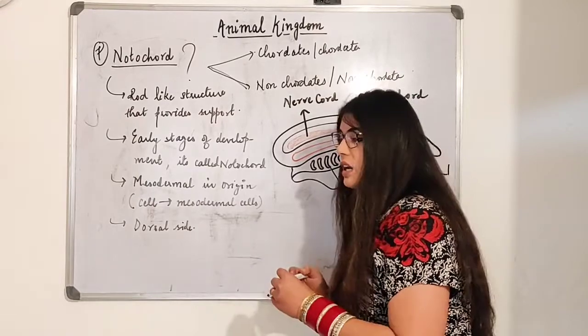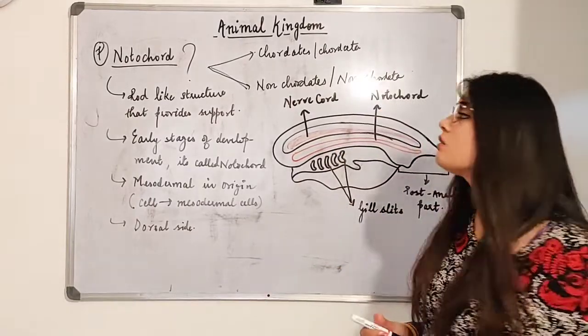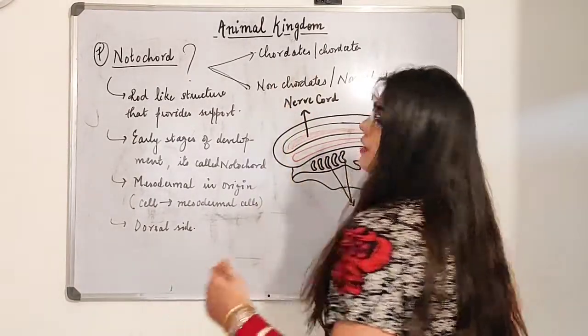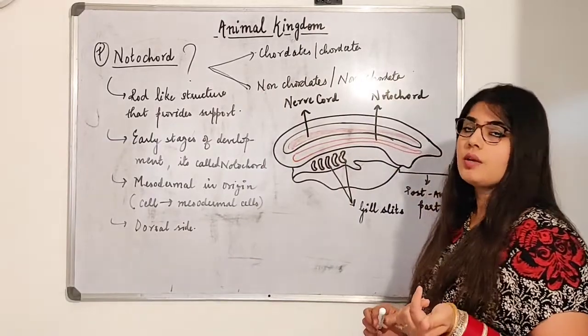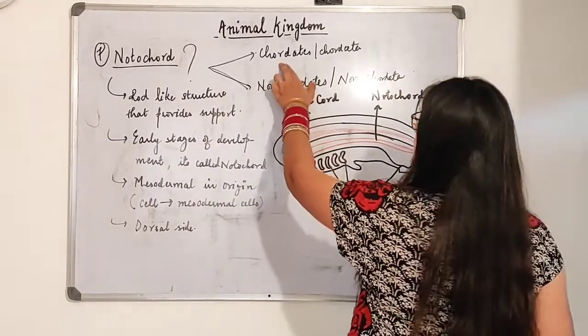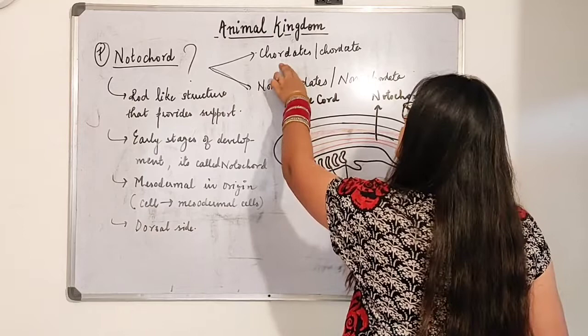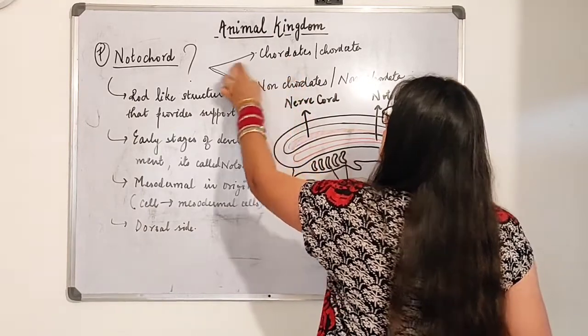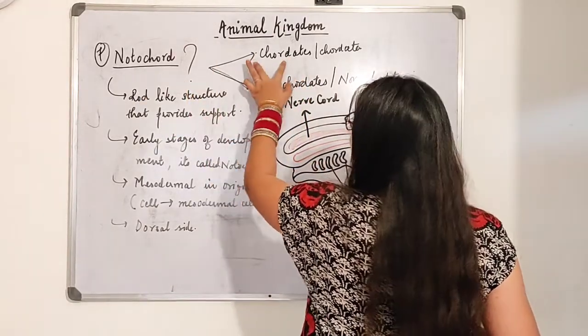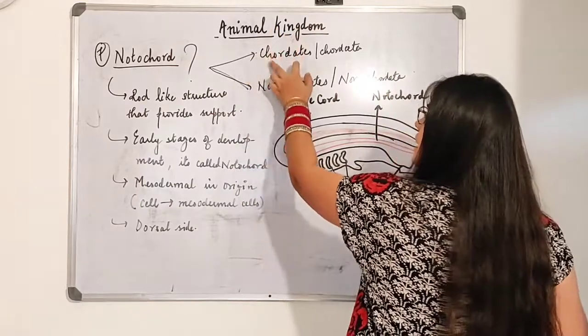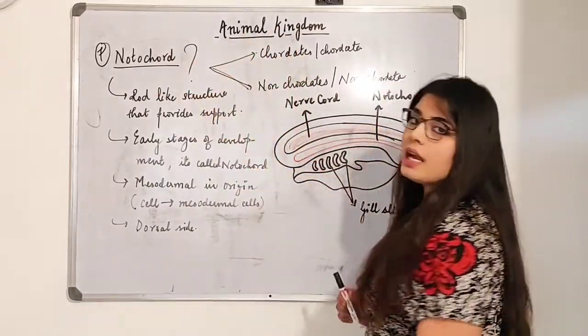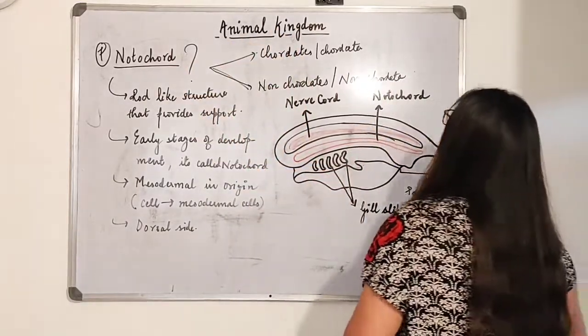Chordata means they have a notochord. Non-chordata means they do not have a notochord. That is why they are known as chordata. You can see the relevance. Chordata has a notochord and non-chordata has no notochord.